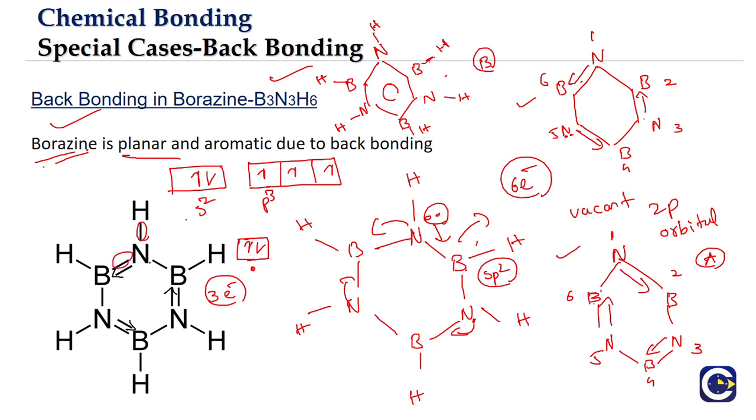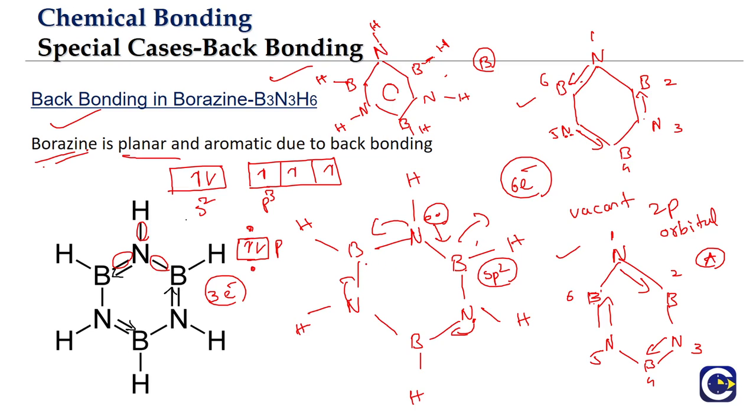bonding. Here there is an sp2 orbital used for the bonding, and here too. So 3 of these electrons will be in those sp2 hybrid orbitals, one each, and the lone pair will be on the p orbital that is not used for the hybridization. As a result, the overall borazine molecule is going to be a planar molecule.